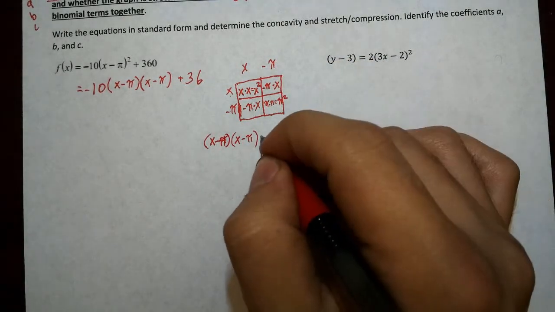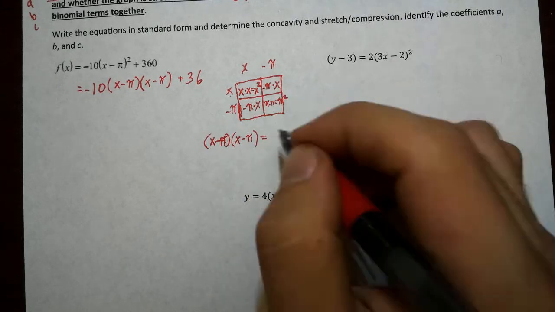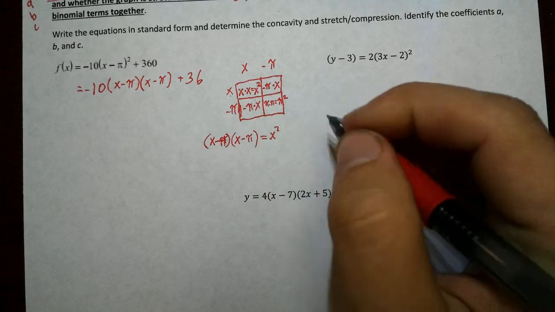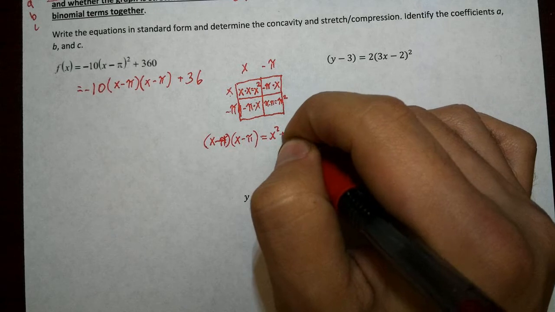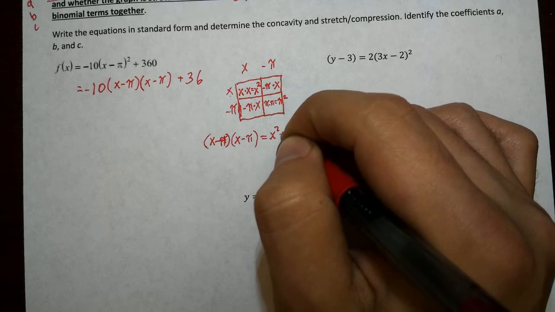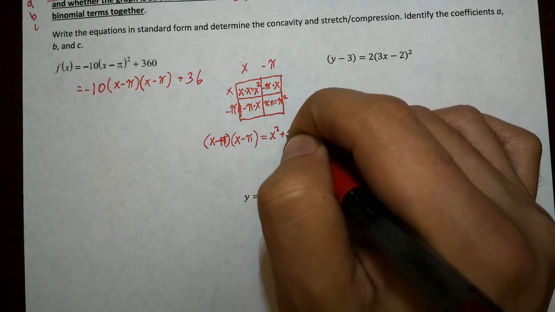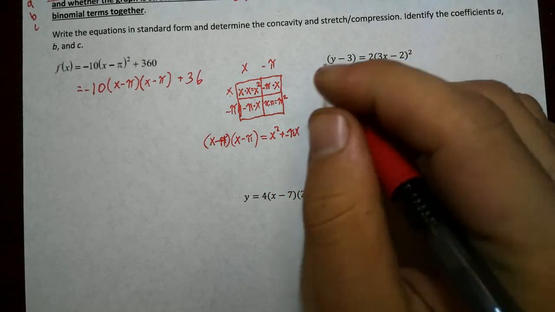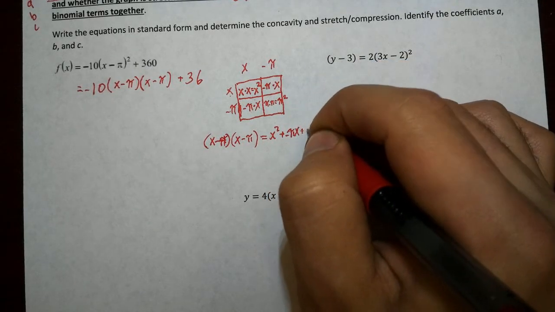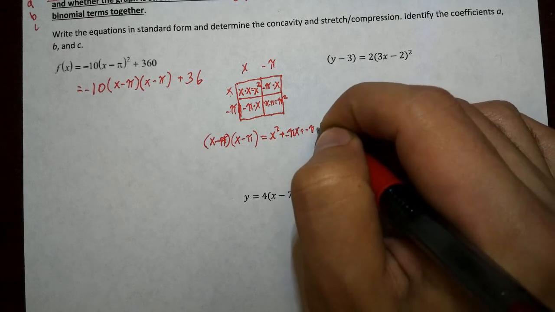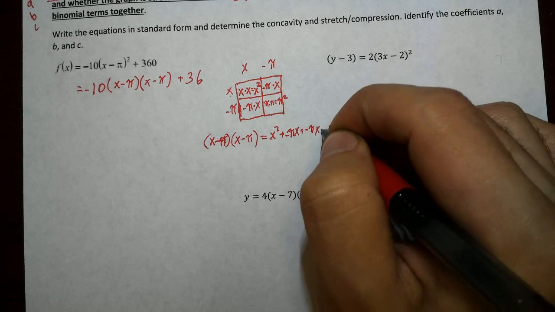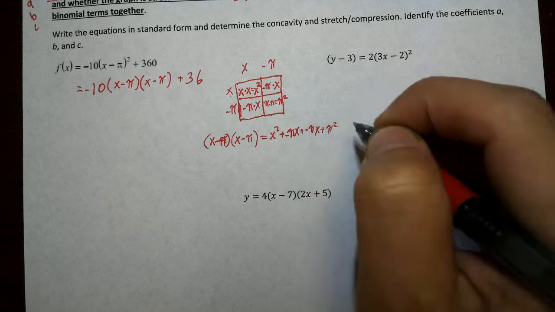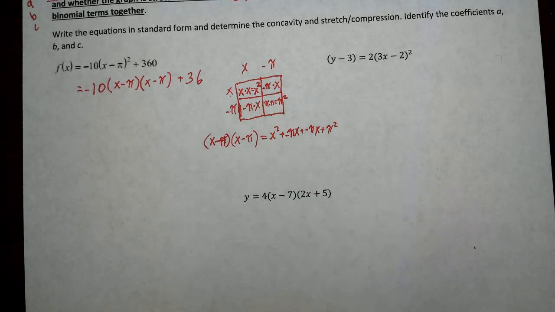Now this is equal to what we calculated: x squared plus a negative pi x plus a negative pi x plus pi squared.